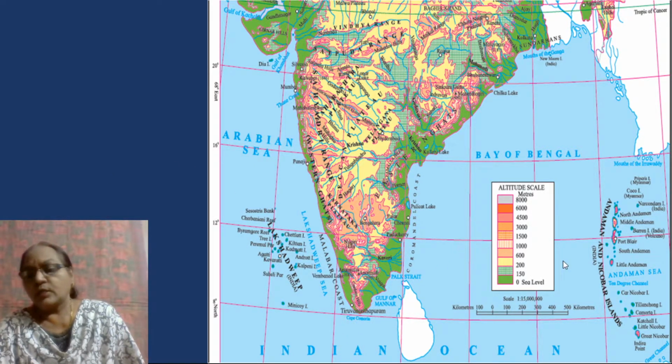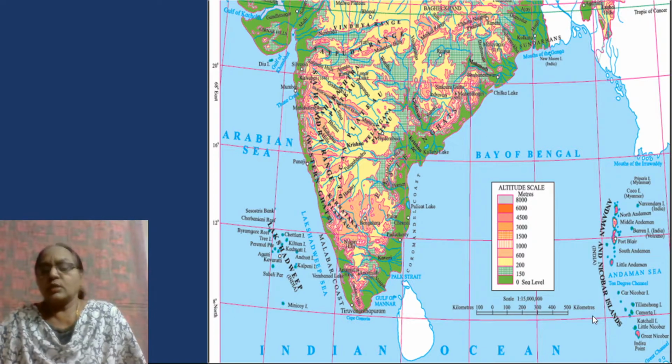And here in the Bay of Bengal, we have Andaman and Nicobar Islands. When you compare the Andaman and Nicobar Islands, we find we have a volcano in Barren Island, which is an active one.